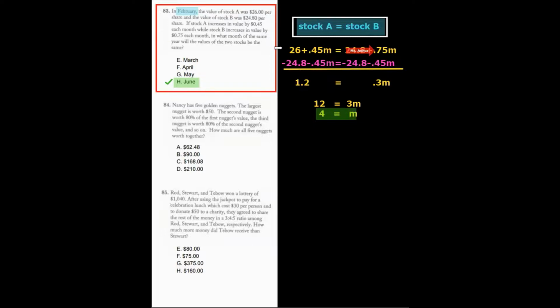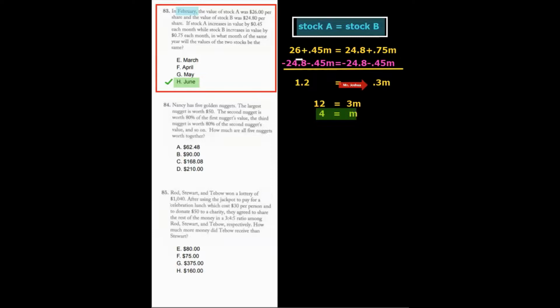So we want to set these formulas equal. We solve them by subtracting 24.8 from both sides. 26 minus 24.8 will be 1.2. These will cancel each other out. And then for the variable term, 0.45 minus 0.45 is 0, but on the right side, that will be 0.3 months.